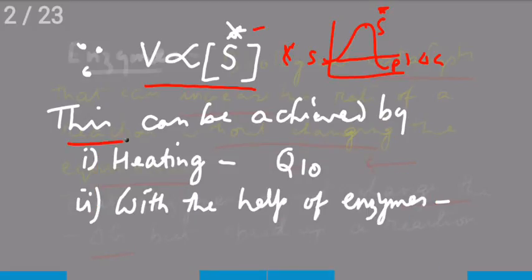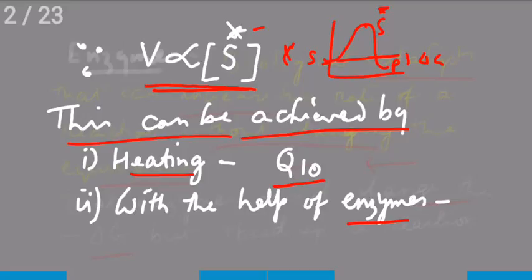So how can this be achieved? The V is directly proportional to the concentration of the transition state of the substrate. How can the concentration of the transition state be increased? There are two ways to do that. One is by heating and another is by adding enzymes. Heating will increase the Brownian motion of the molecules, and that is why the reaction will be faster, but there is a limit.